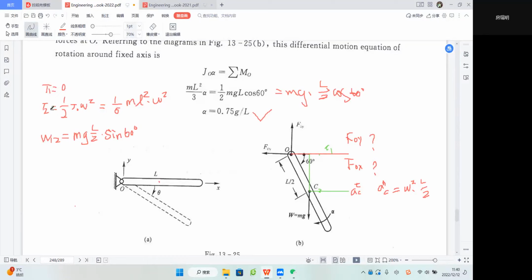Because T2 minus T1 just equals this, you can just use delta T equal to W12. This one is known, this one is all known, so we can find omega, right? We can find omega.